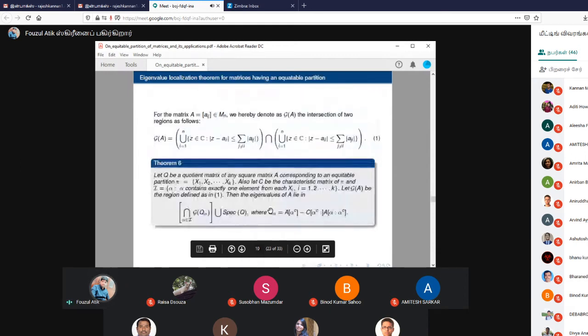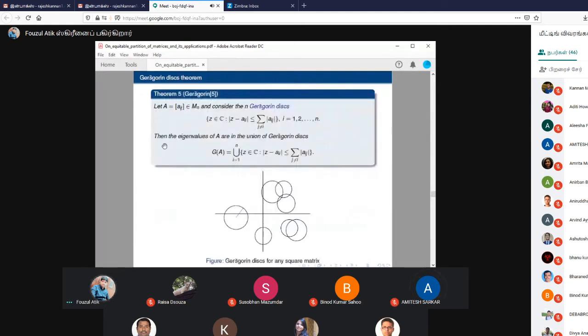Before that, as I already mentioned, for some cases whatever result we have for rows, even if it is for A transpose, all the results are also helpful. Now for the Gershgorin disk theorem, we have considered the rows only, right?